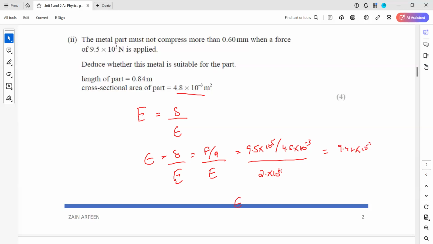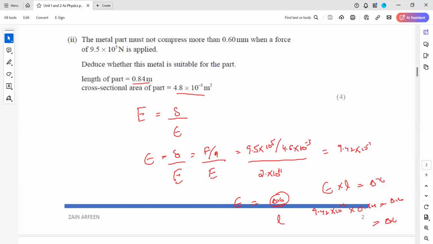And then we know strain is equal to change in length over original length. So if we need the change in length, it is the strain multiplied by the original length. The strain is 9.42 into 10 to the power minus 4 multiplied by the original length, that is 0.84. When we multiply, that will give us the change in the length.